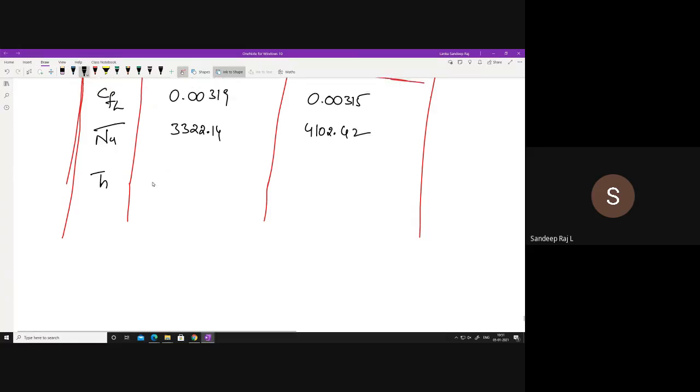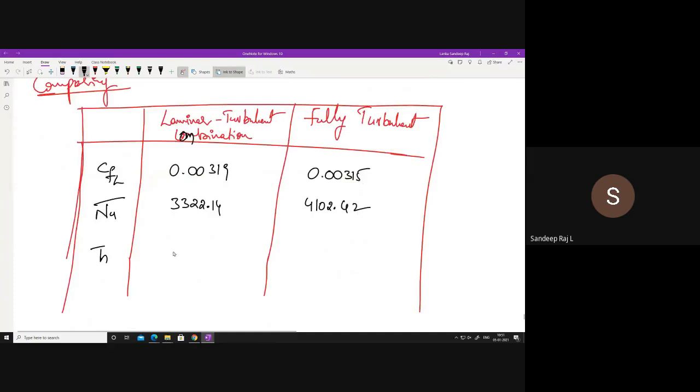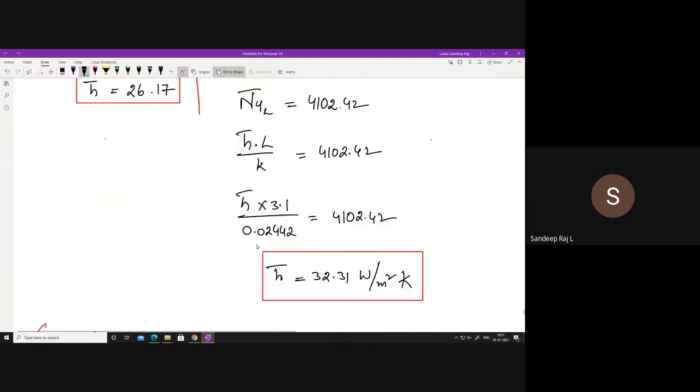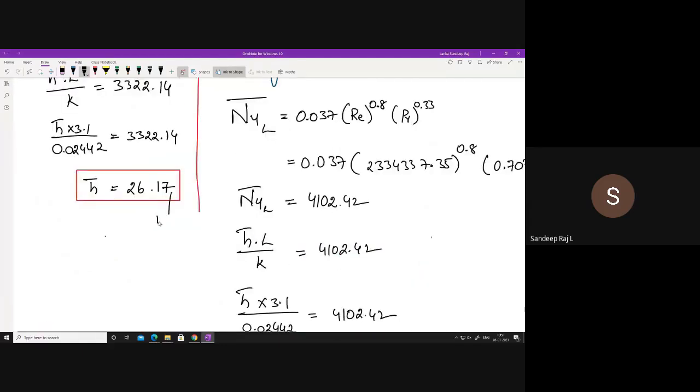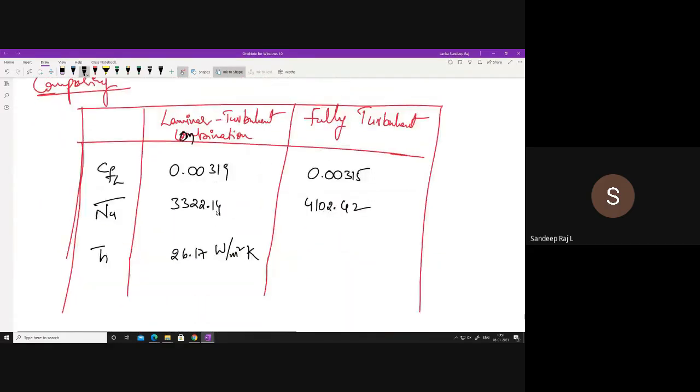H bar on this side 26.17. It's 32.31 watt per meter square Kelvin. So this is your comparison.